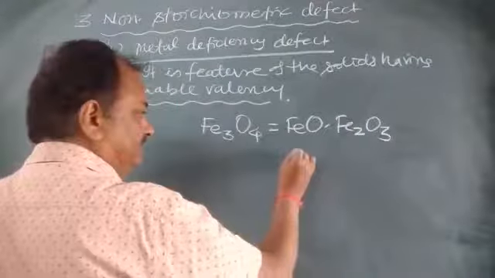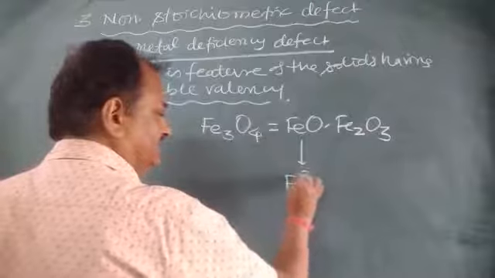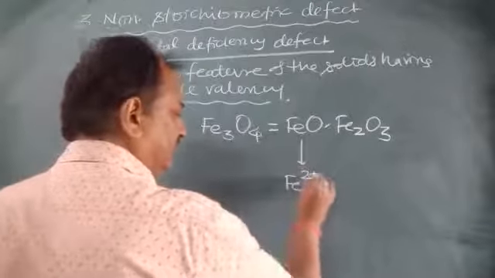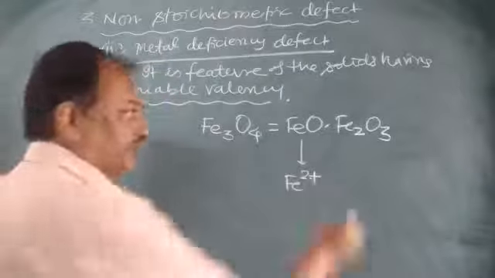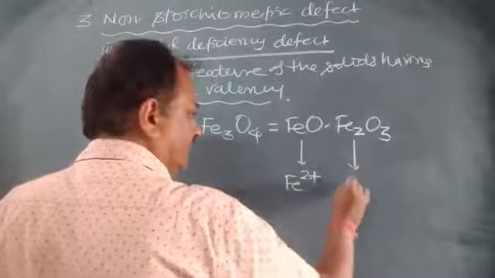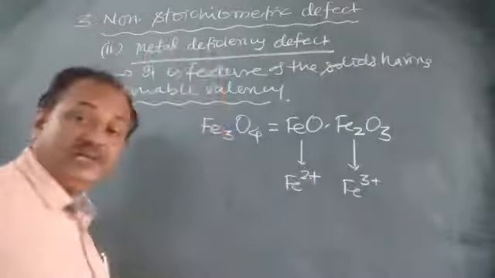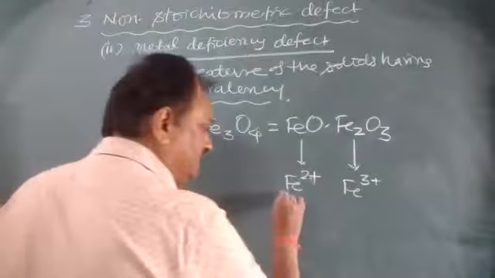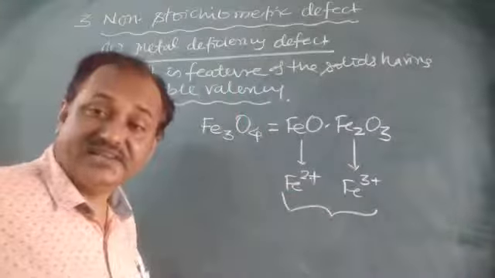How? See the valency. Here iron is in the oxidation state of 2 plus. Here iron is in the oxidation state of 3 plus. So this type of example is there.